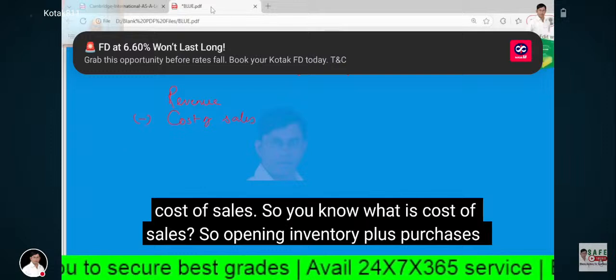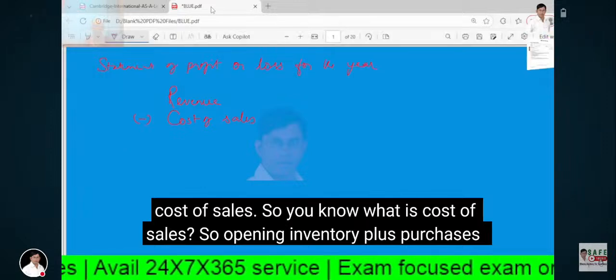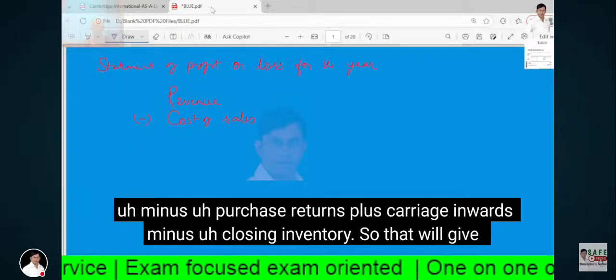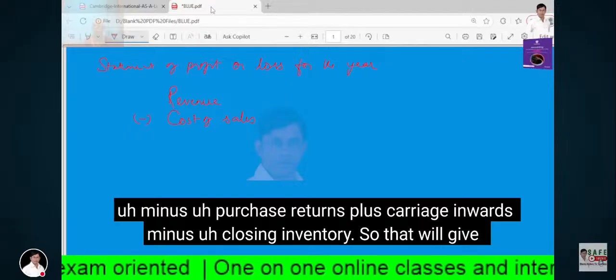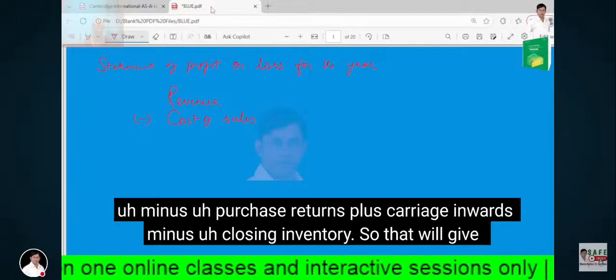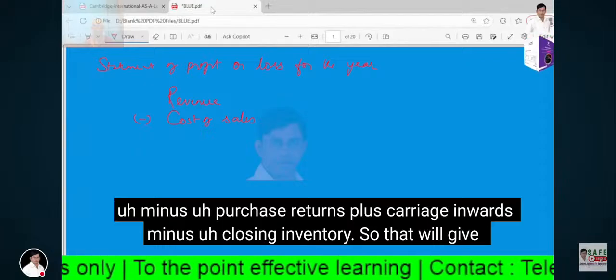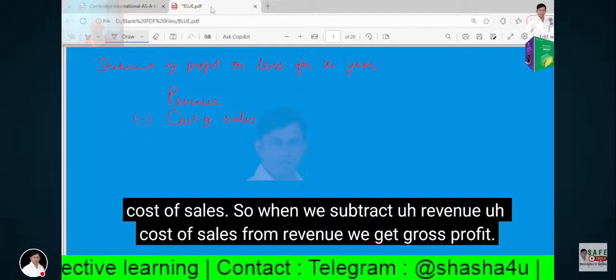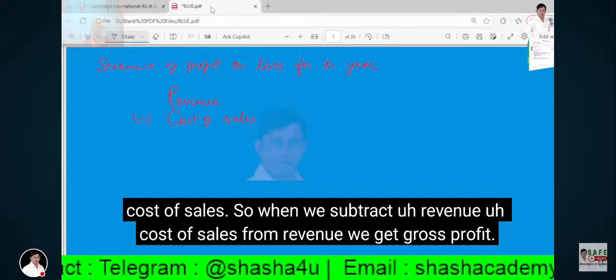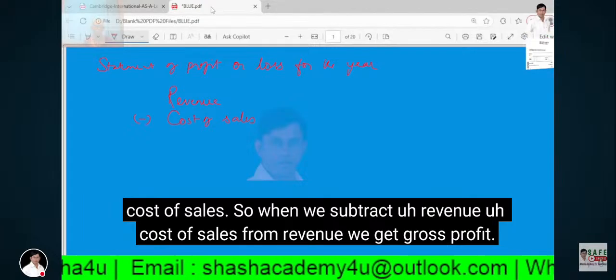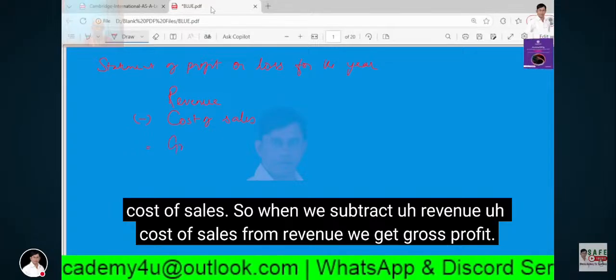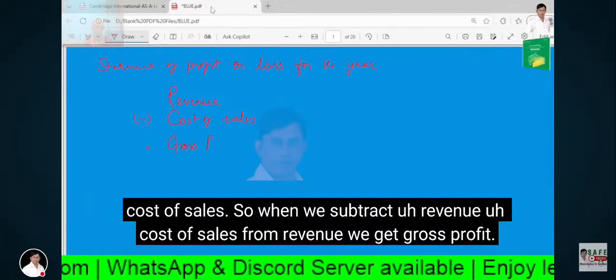Do you know what cost of sales is? Opening inventory plus purchases, minus purchase returns, plus carriage inwards, minus closing inventory gives cost of sales. When we subtract cost of sales from revenue, we get gross profit.